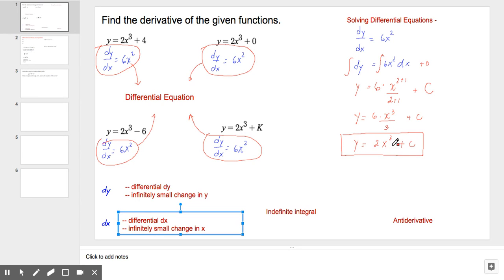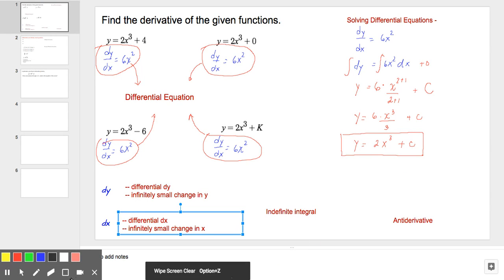Notice that this function looks like these guys, only we cannot specify c. We don't know exactly what c is. It could be any number, any constant. All right, so this is called the solution to the equation. This is the answer we're looking for.